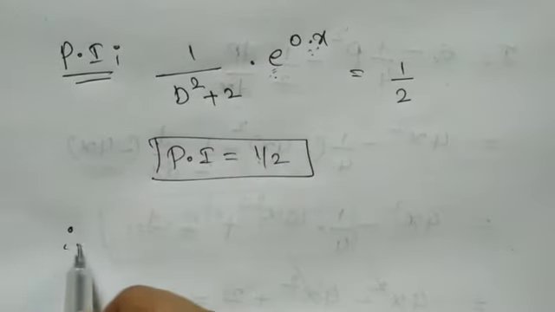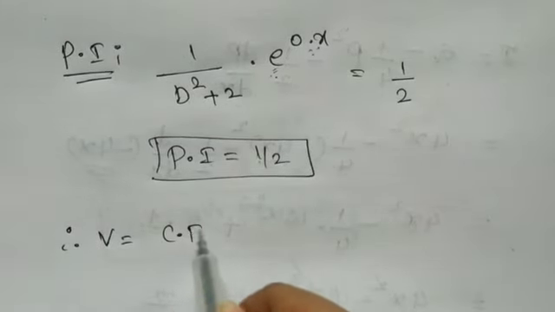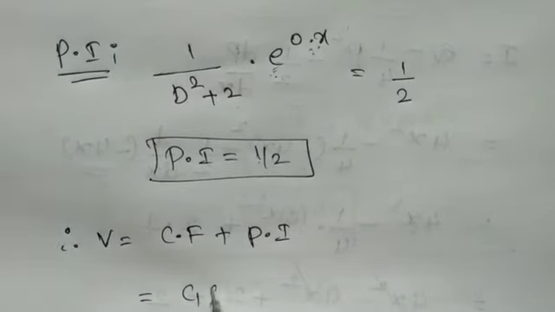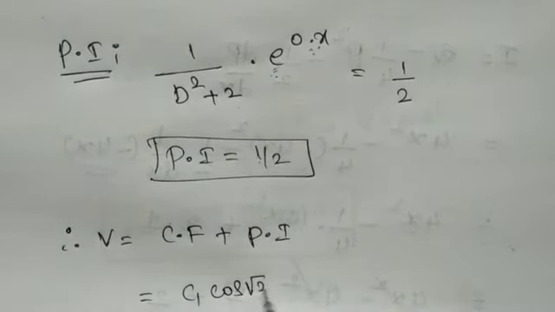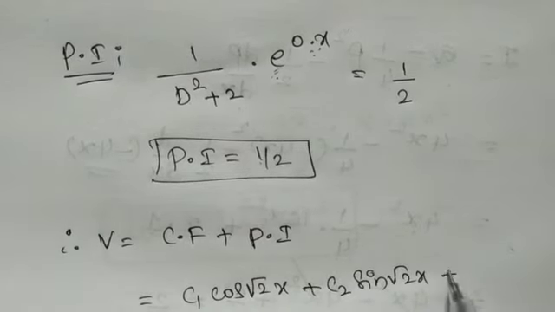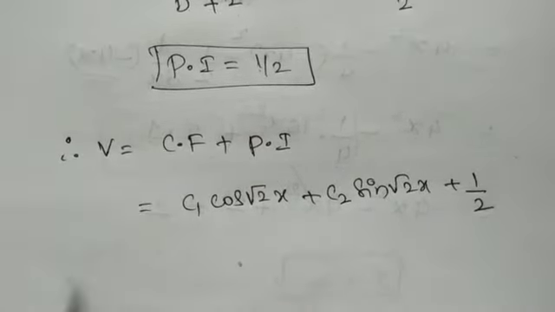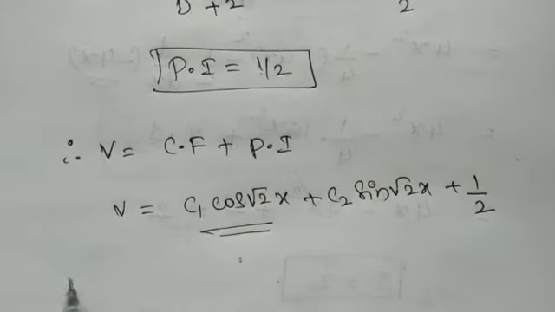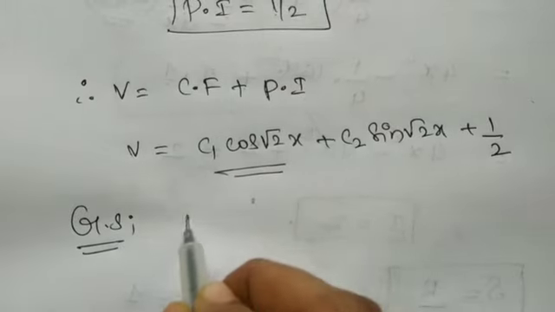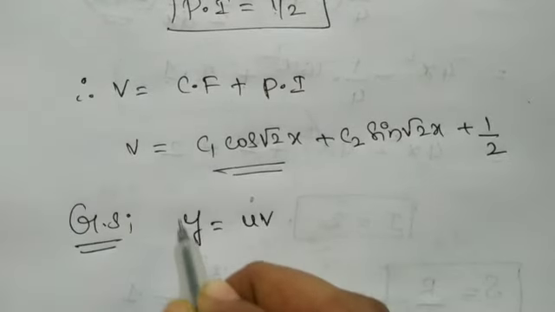So therefore v equals complementary function plus particular integral. So v equals c1 cos root 2x plus c2 sin root 2x plus 1 by 2. So this is the v value. Therefore our general solution of the given problem is y equal to u into v.